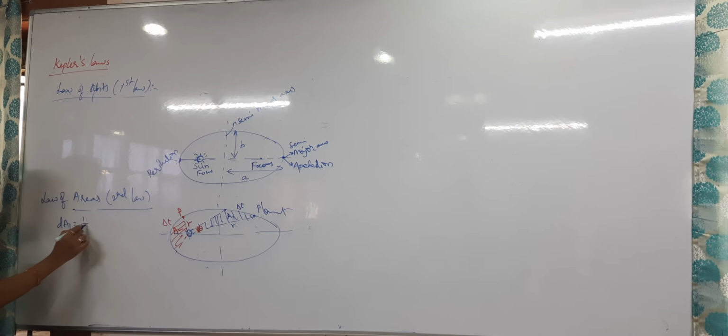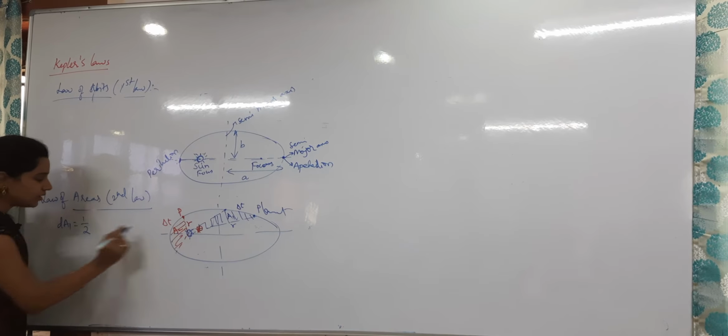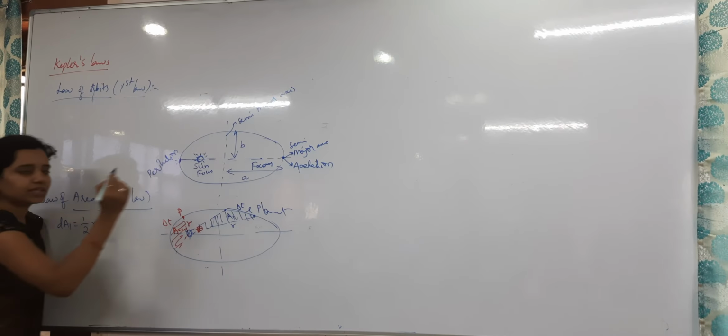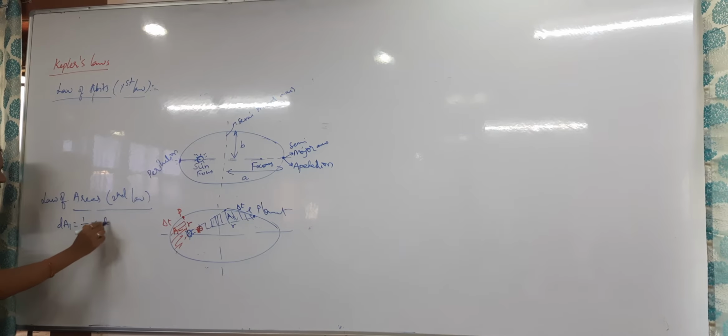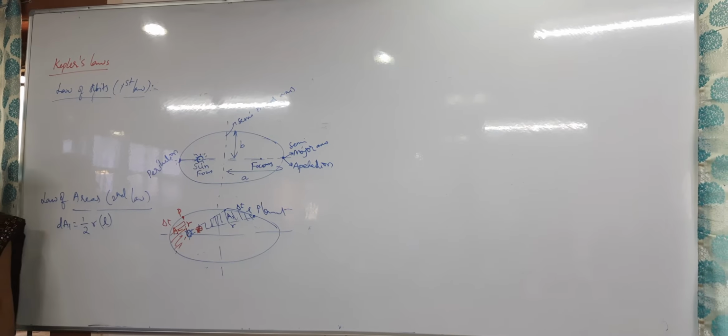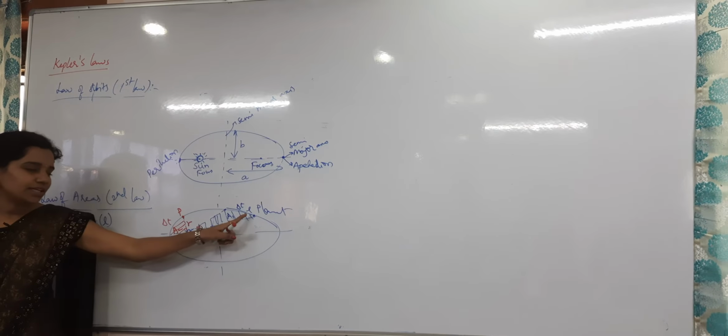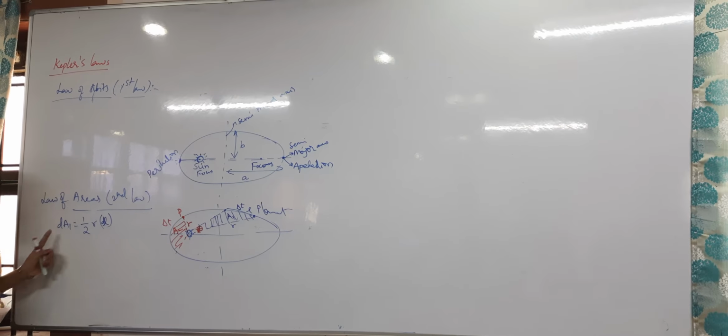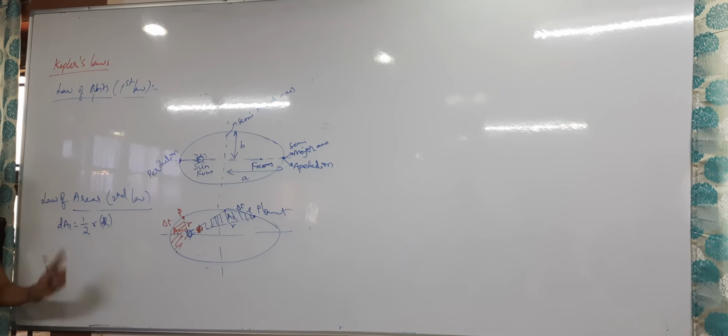The area of the triangle is half into base into height. Let me take this height as L, which is the arc length if I consider this as a sector. I will take it as dl. So dA1 is equal to half r into dl.